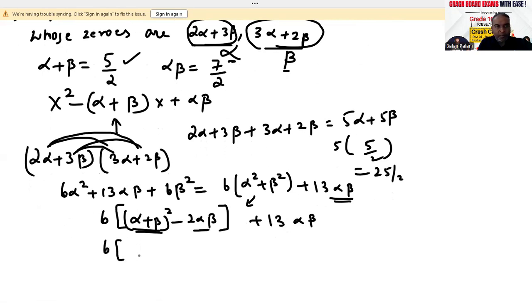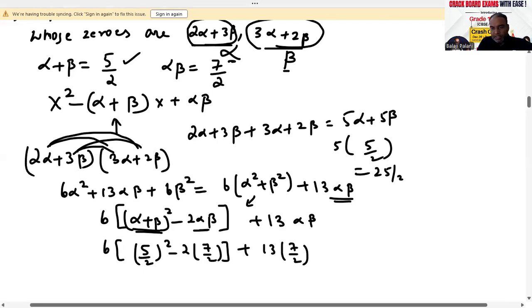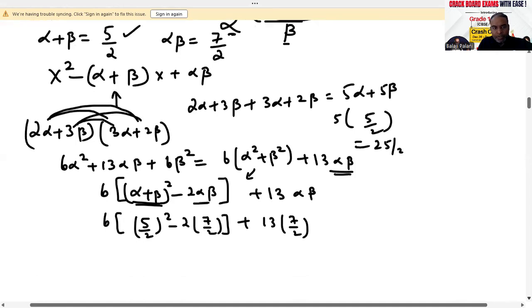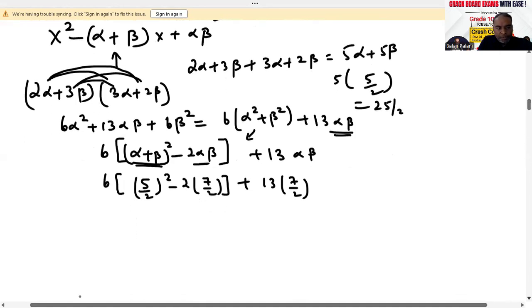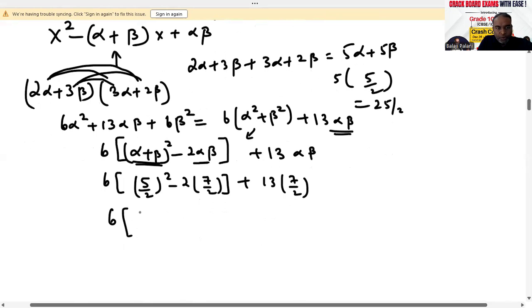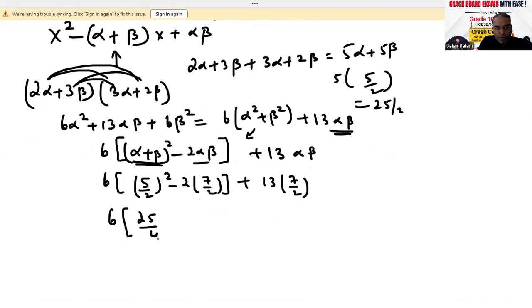6 times alpha plus beta is 5 by 2. So this is 5 by 2 the whole square minus 2 into 7 by 2, which is the product, plus 13 into 7 by 2. So I'm exactly replacing the right values, and let's find out what the product of the roots will be. So 6 into 25 by 4 minus 7. As these two will get cancelled, plus 91 by 2.